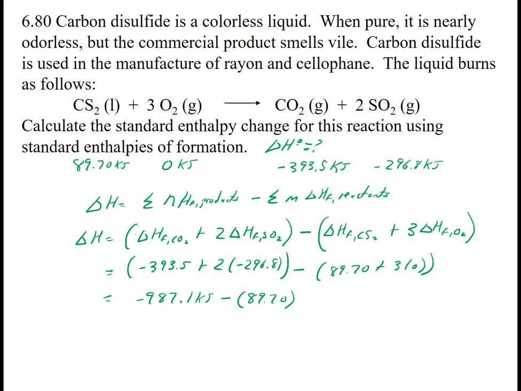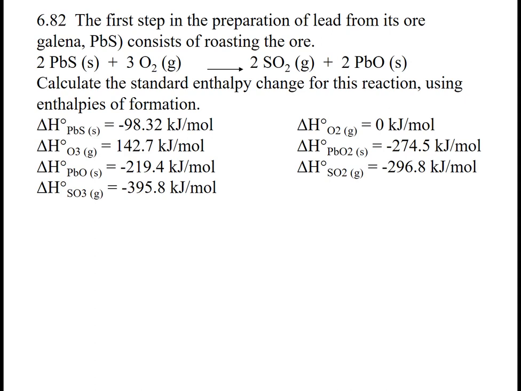I add these two terms together. This is a negative 1076 kilojoules, and it may ask you, it doesn't in this one, this is exothermic. And it's simply exothermic because it is negative. Okay? So, in the next video, I will do this problem here.